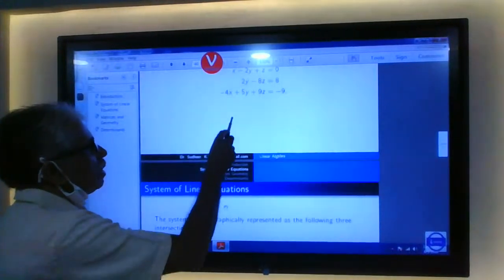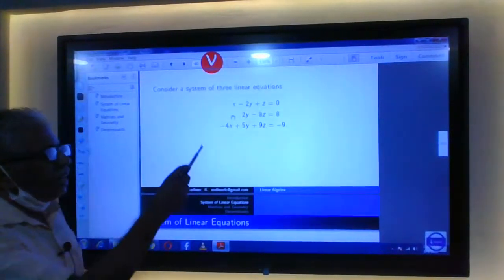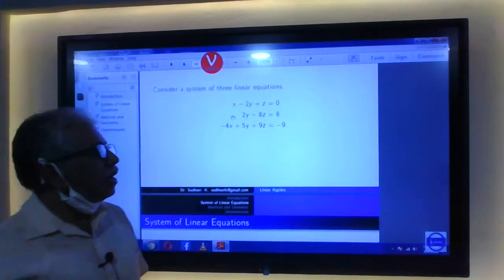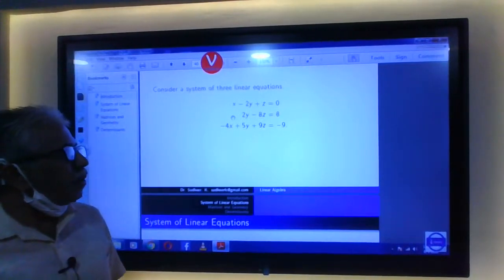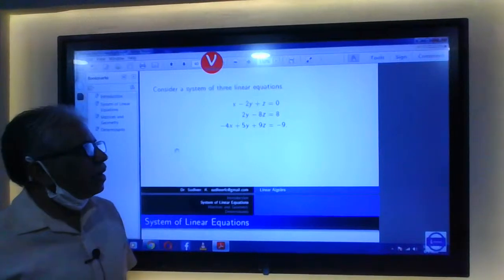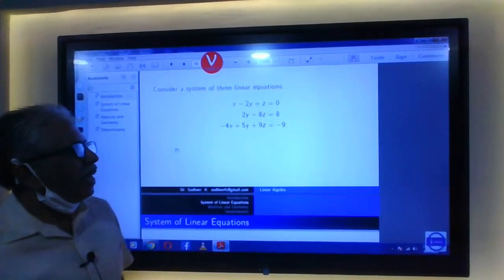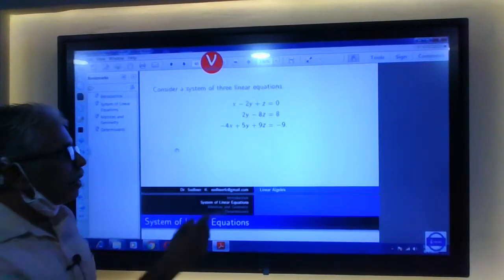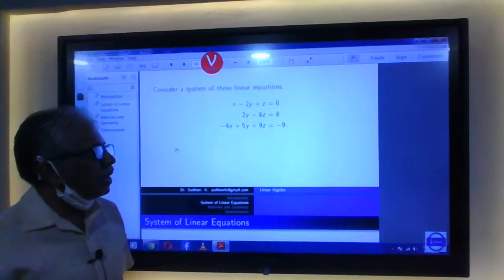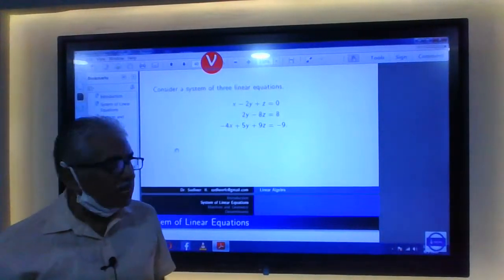Let's have a simple case. If you consider these three equations: x minus 2y plus z equal to 0, minus 2y minus 8z equal to 8, minus 4x plus 5y plus 9z equal to minus 9.